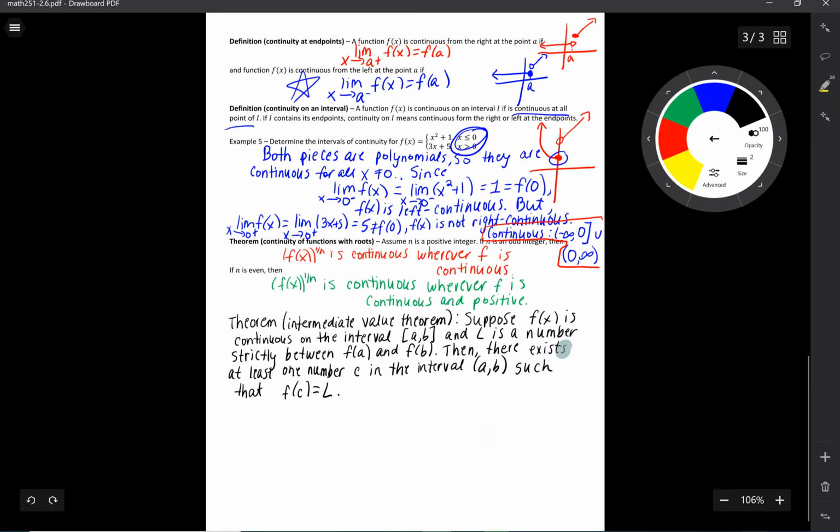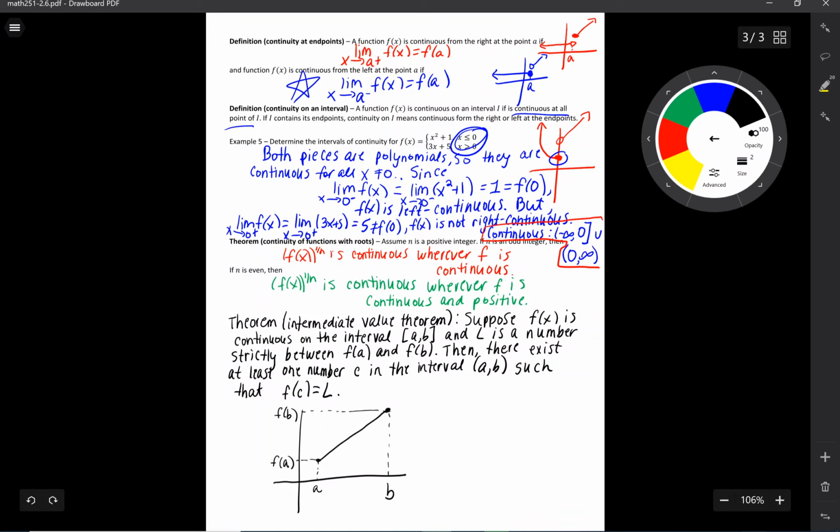Let's draw some pictures. So, I need f of x to be continuous. So let's draw our simplest form of a continuous function, a linear function. I'm going to call this a and this b, which makes this f of a and this f of b.